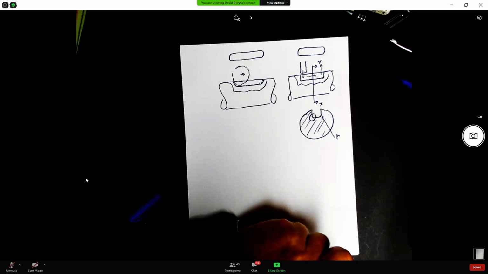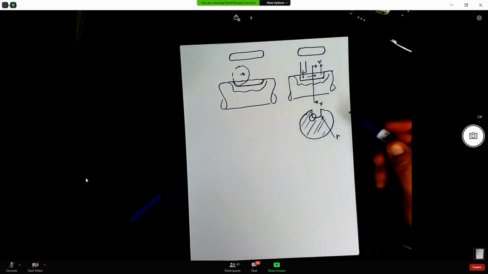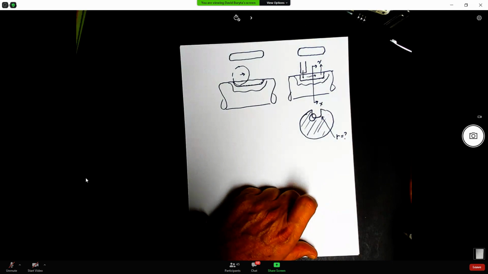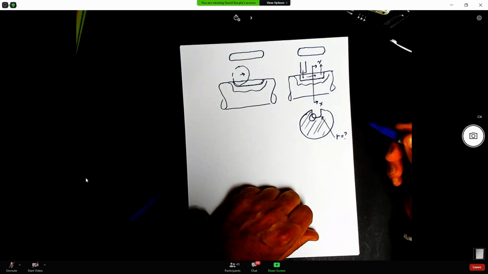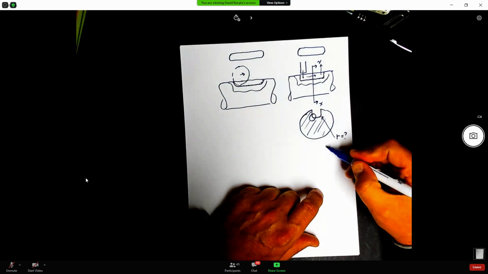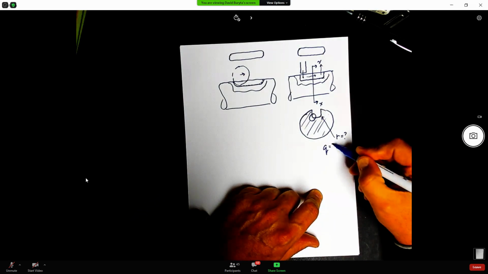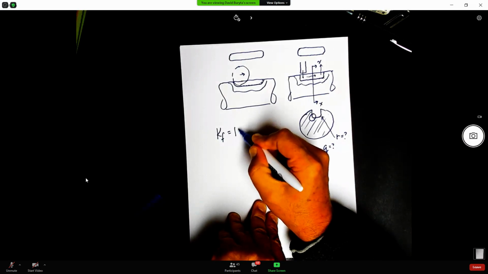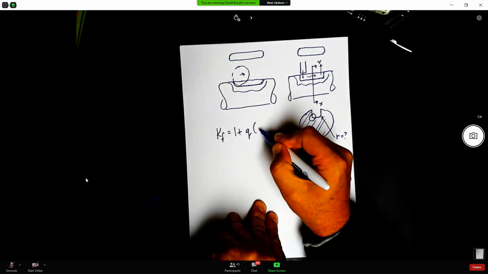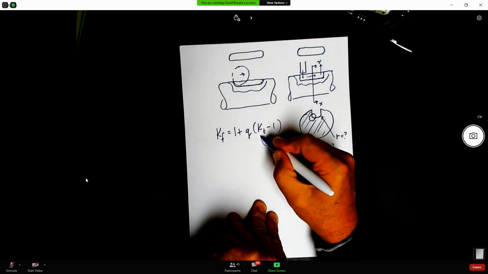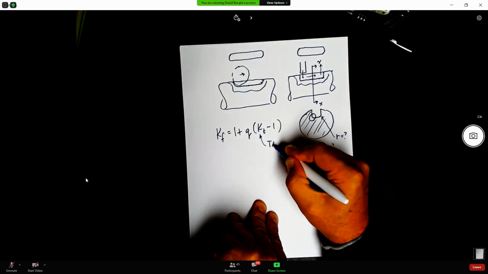Just like we saw in the video and in the notes. So if we don't know this, we can't go to figure 6-20 or figure 6-26 like we did before. We can't find the Q value. And we know that Kf is equal to 1 plus Q times (Kt minus 1). What table 7-1 is giving us is this.